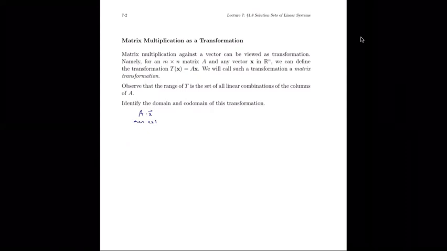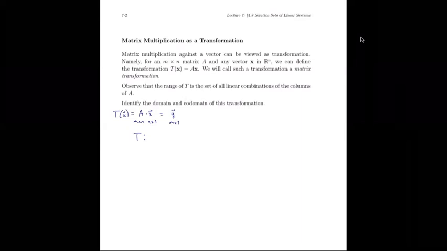So, the result of that is going to be a vector, maybe I'll call it y here, and that must be an m by 1 vector. Well, T then is a map, right? Because this is T of the vector x. We decided to define it as matrix multiplication of A times x.